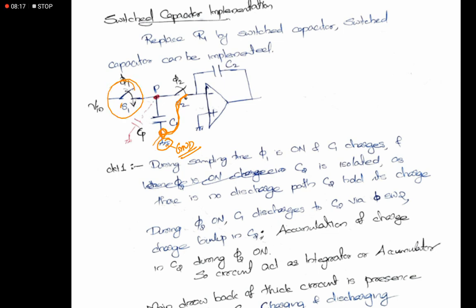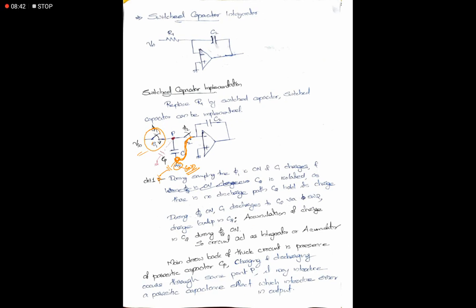Even if some capacitance is here, it cannot charge due to the input signal. So if we take the discharge path from the second terminal of the capacitor, which is already grounded during the charging time, we can eliminate that parasitic capacitance effect.